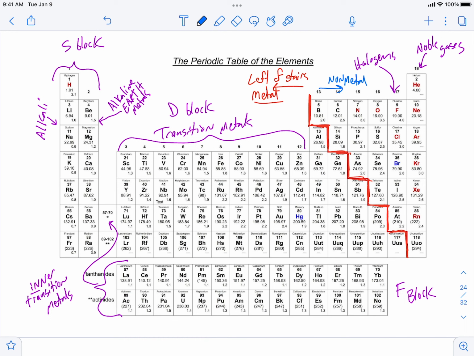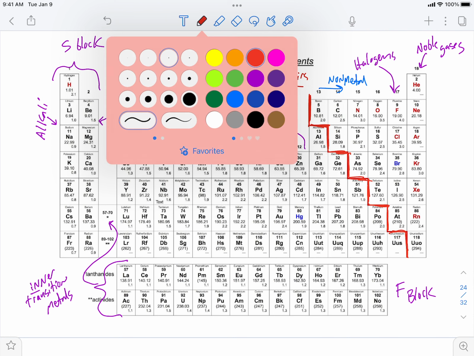So if everything to the left of the stairs is a metal, what does that mean the inner transition metals are? They're still metals because they're called inner transition metals. Plus, look at where they're placed. They're placed here, right? Which is still to the left of this stair. So this whole bit, okay? Now, I'm going to say there's an exception here.